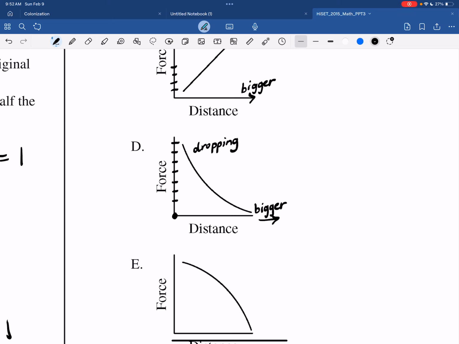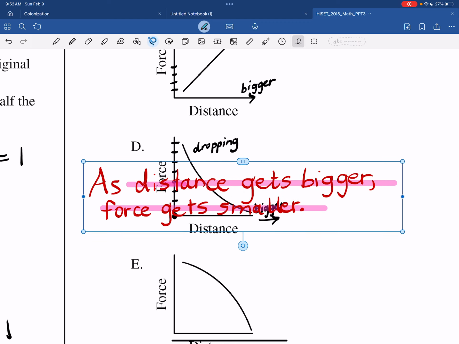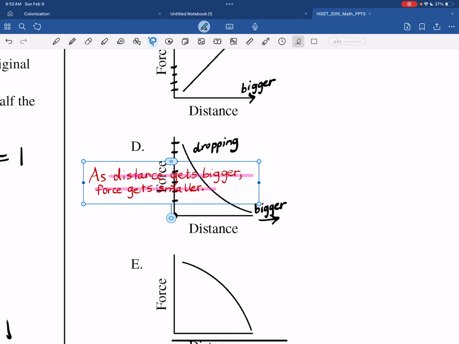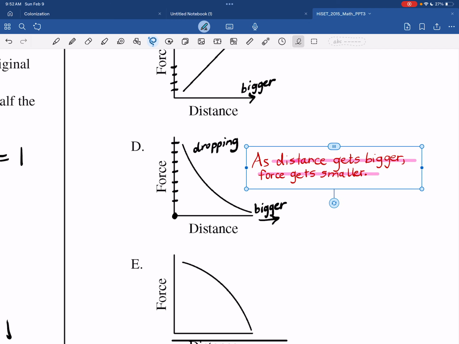And in fact, this is the answer that we're looking for. Let me plug this in. As distance gets bigger, that's this movement, force is coming down. Force is dropping. It's getting smaller. This is the answer we're looking for.